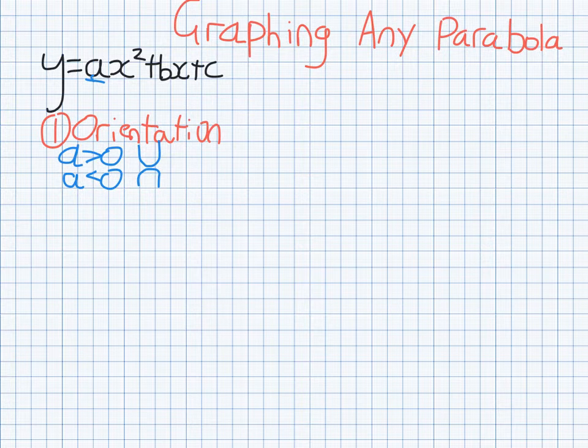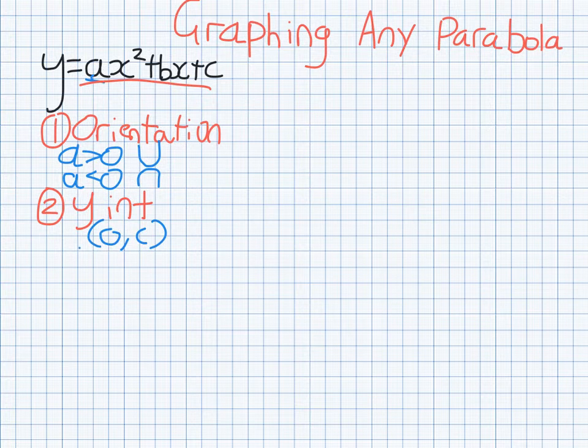Okay, the second thing that we look for in a parabola is the y-intercept. Every parabola has a y-intercept. If it's written in this form, ax squared plus bx plus c, the y-intercept is just the point (0, c). That's where it hits the y-axis.